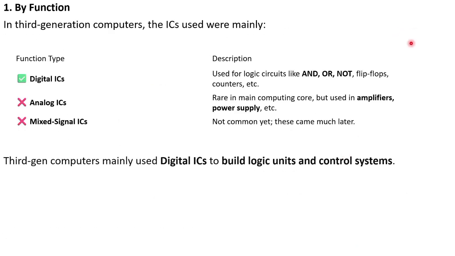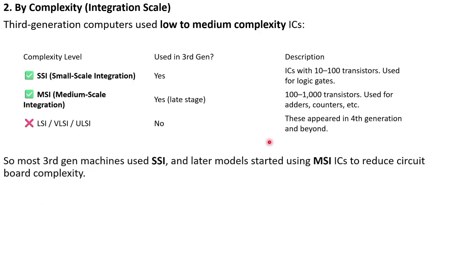Now let's see which type of integrated circuits were used in the third generation computer era. In third generation computers, we use digital integrated circuits, which are used for logic circuits like AND, NOT, flip-flops, counters, etc. So third generation computers mainly use digital integrated circuits to build logic units and control systems. By complexity, we use SSI and MSI, small scale integration and medium scale integration.